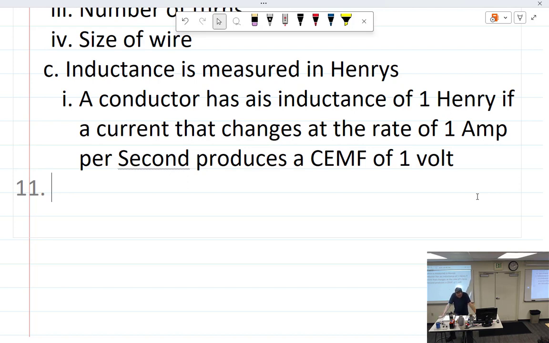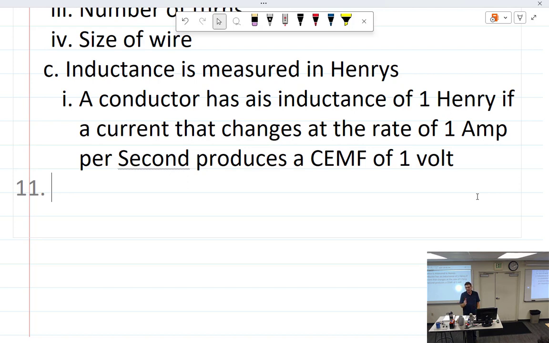In a DC circuit, the only change in current is when? Off or on. So off and on. That's the only time we get a change in current in a DC circuit. In a DC circuit with only resistance, this happens instantaneously. In a DC circuit with inductance, current no longer changes instantly.